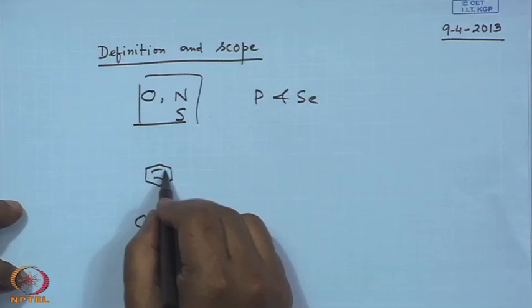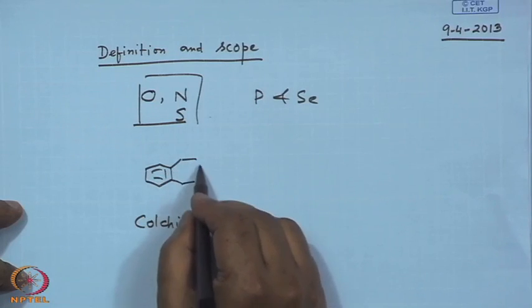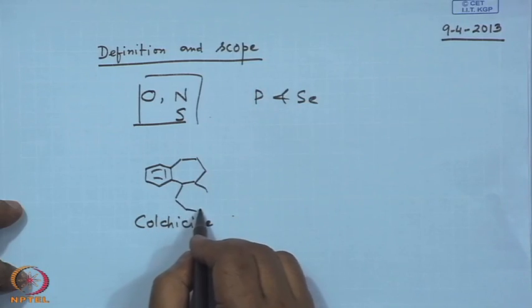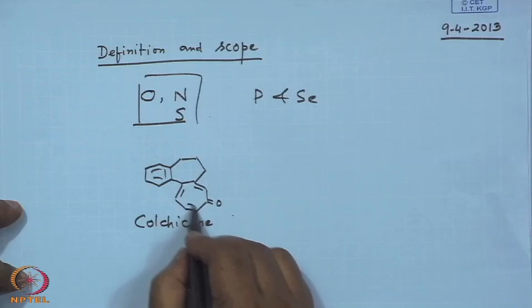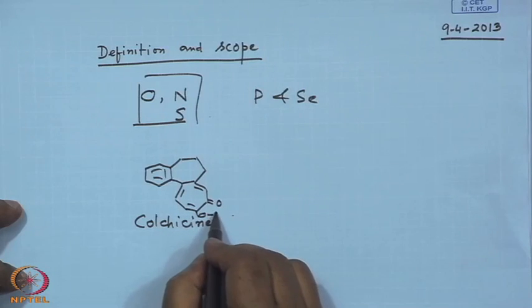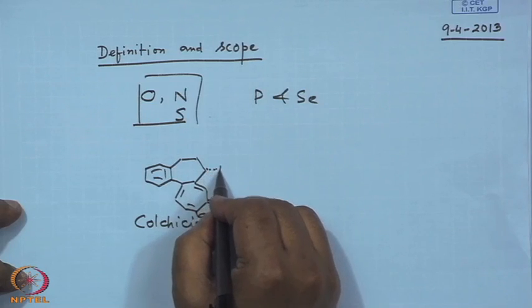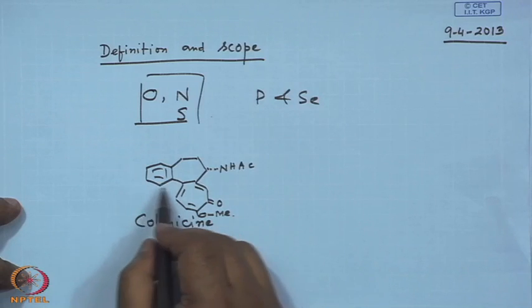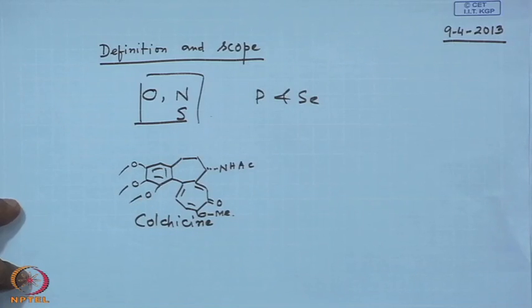It has a benzene ring, then a 7 member ring up here, then one more 7 member ring, with double bonds here and there. Then this is OMe, then NH, OAc you see here, and then there are 3 more OMe groups.